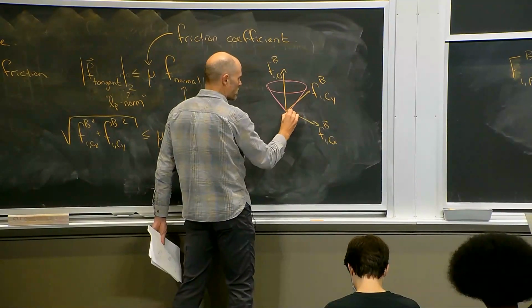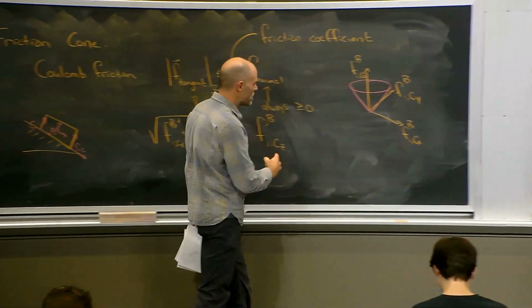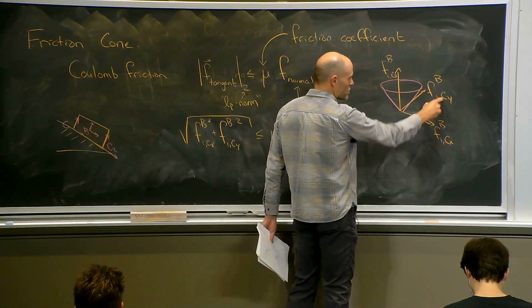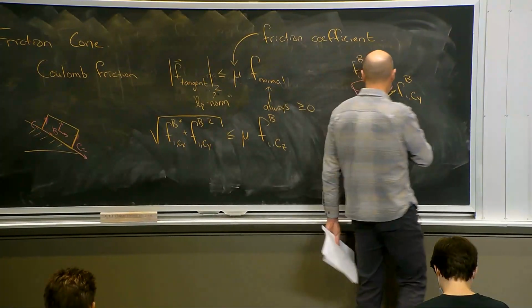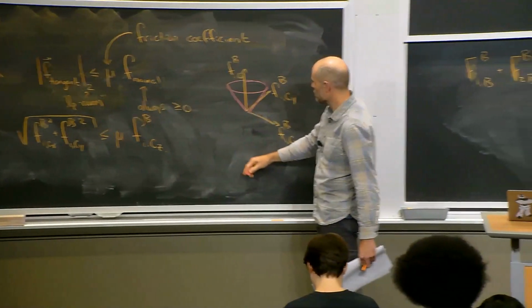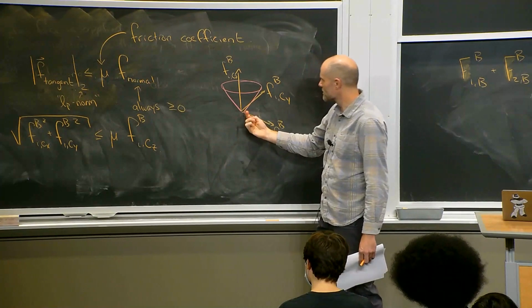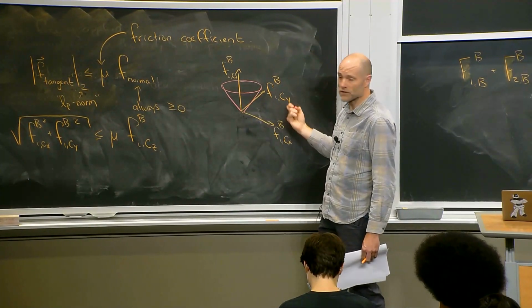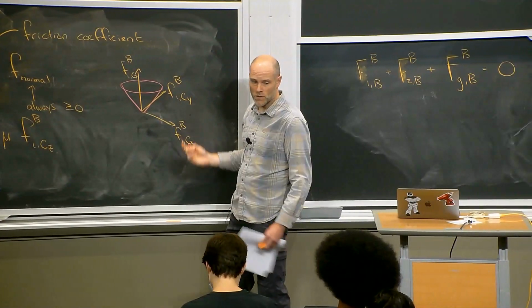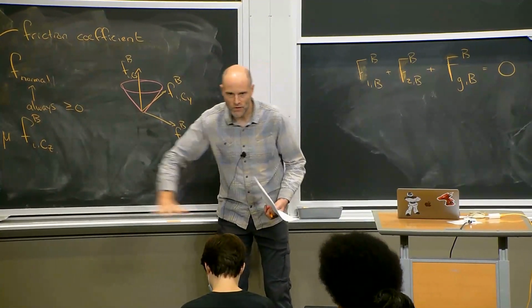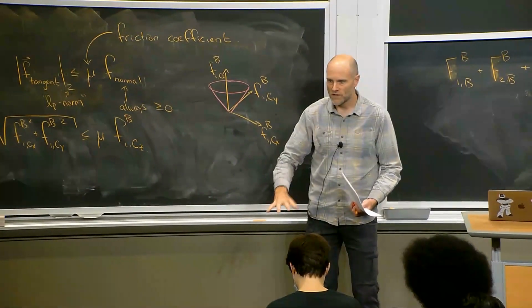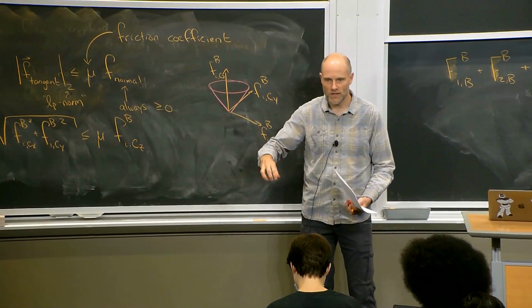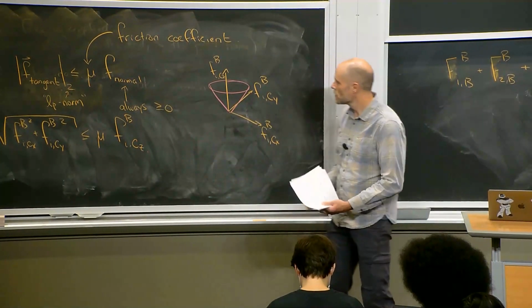It's like an ice cream cone to the origin. So when f of z is 0, these two must be 0, right? There's nothing below. It can't be negative. And as f of z gets bigger, I can have bigger resistive forces, which makes sense, right? If you push down on something and then try to slide it, it's going to be able to resist more than if you are gently touching something and try to slide it.